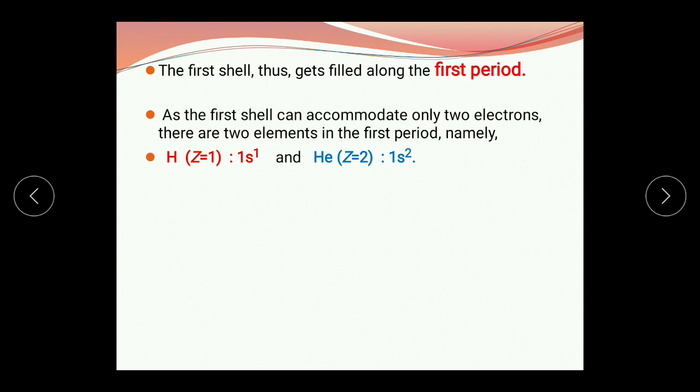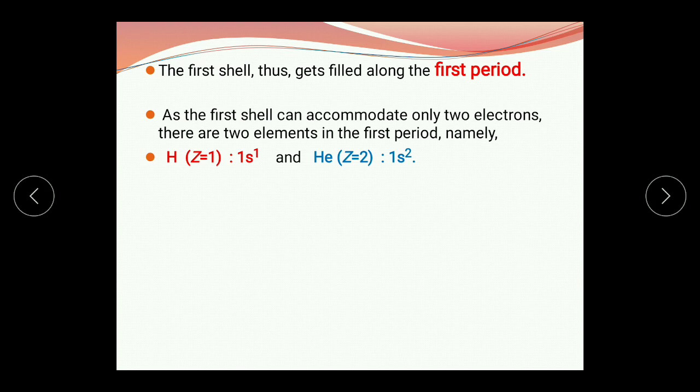After lithium is beryllium with atomic number 4, that means 2s2 will be complete. And from beryllium, if we come to boron, atomic number 5, that means 1s2, 2s2, 2p1. And when the second shell is complete, that means when we come to neon, atomic number 10, the second shell has a capacity to accommodate 8 electrons.